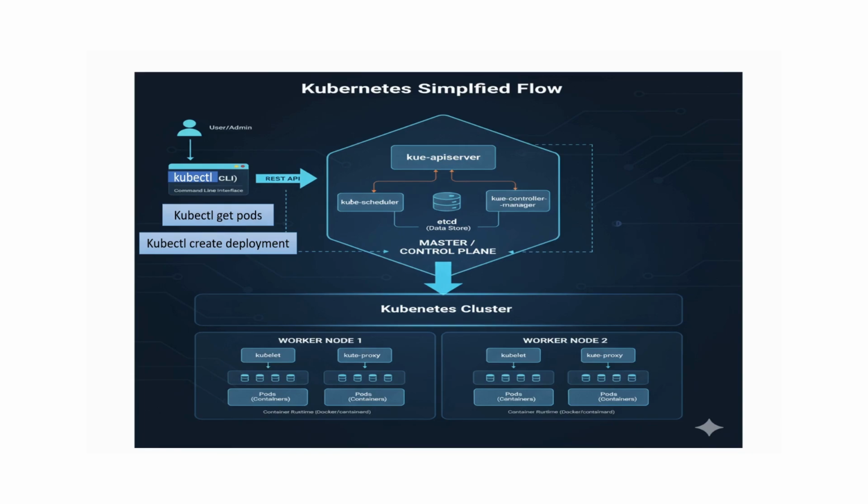Pods are the smallest deployable units inside Kubernetes. So the complete flow is: we have kubectl, then the API server and the other control plane components, then worker nodes, and then the running pods. This is how a simple command from your terminal turns into a running application inside the Kubernetes cluster.